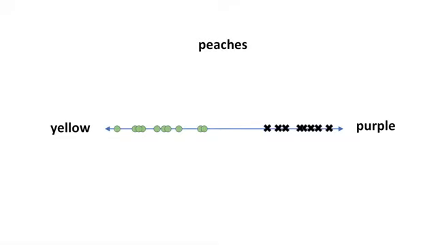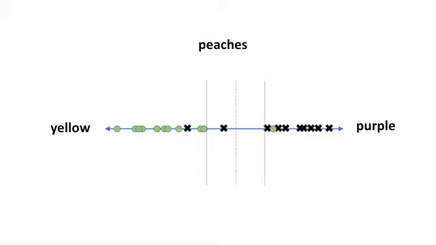Now, imagine that in this set of peaches, it can be trickier. What if you have some that don't really fall with the group? You get some yellow peaches that just don't taste right, or you get a purple peach that for some reason tastes amazing. Now there's nowhere you can draw a line that separates the green circles from the black X's.